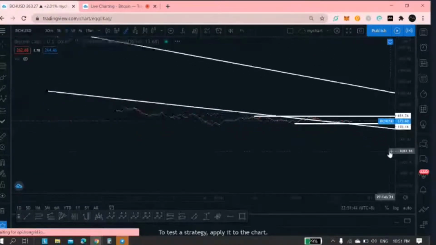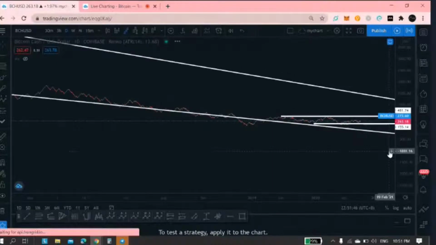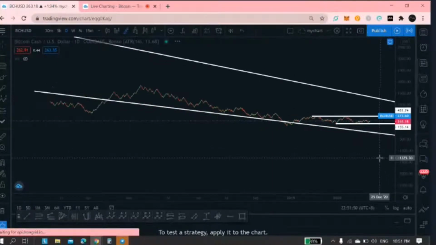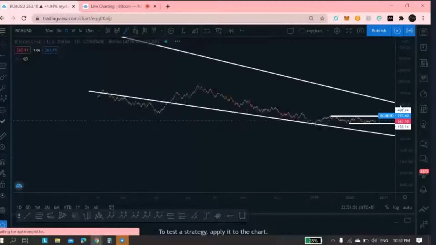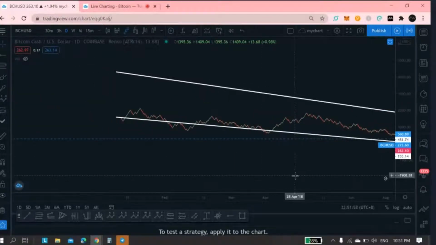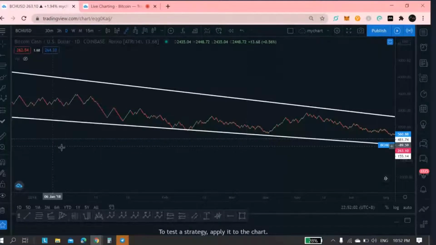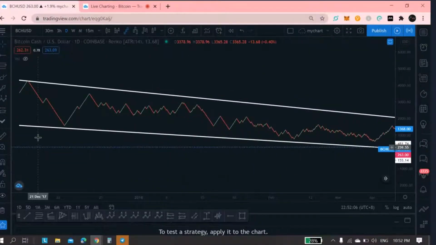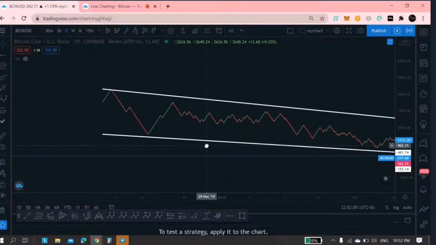Oh, what happened? Just loading, and let's see. Oh, there is some adjustment, I think. There.